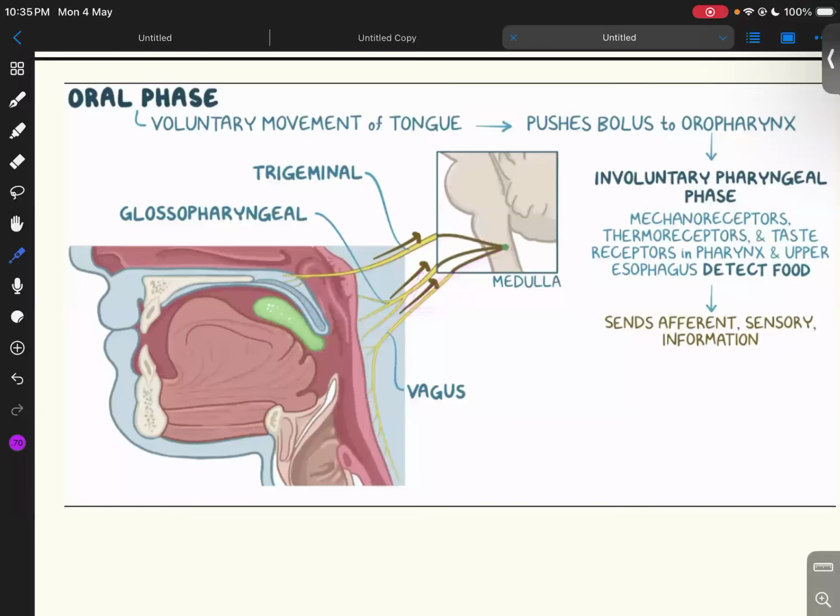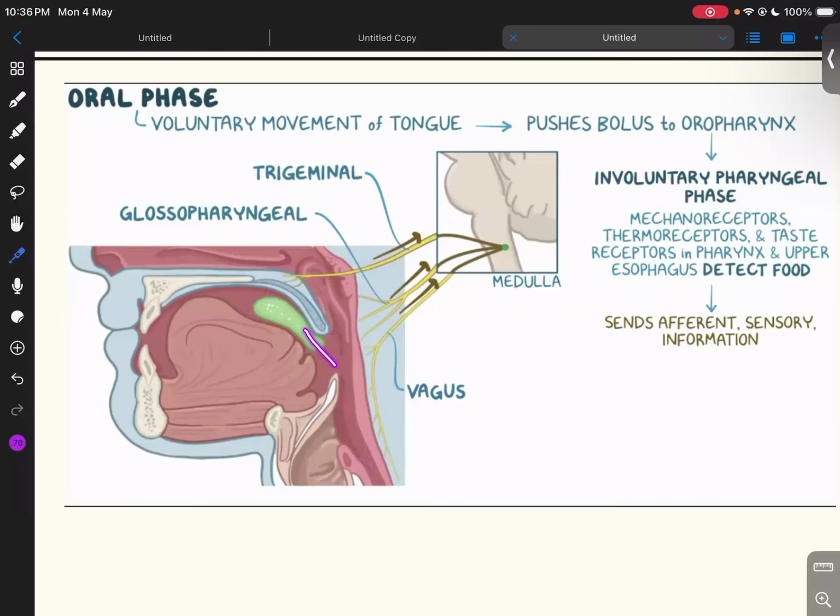I'm again repeating. When the food bolus comes in contact with the oral cavity, it sends a signal to the brainstem, especially the medulla, and the brainstem sends a signal back to the soft palate, uvula, tongue, epiglottis and oropharynx, to ensure the proper movement of the food bolus into the food pipe.